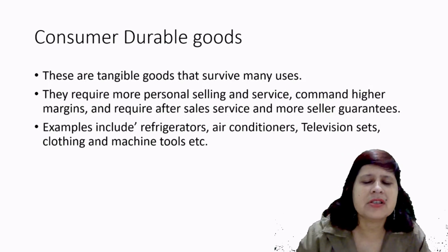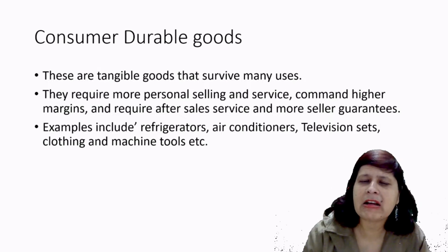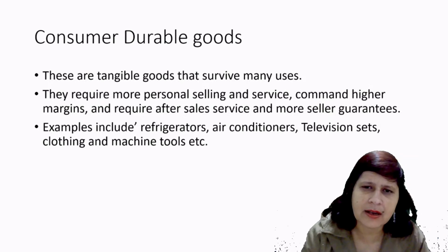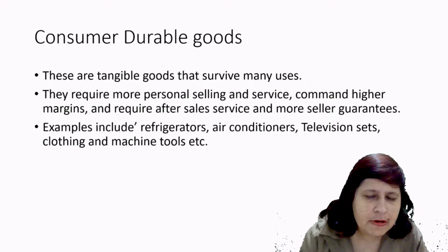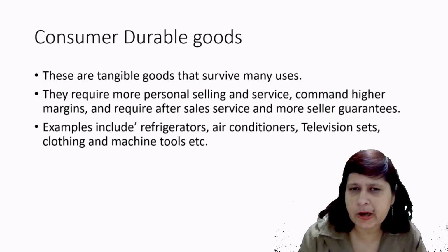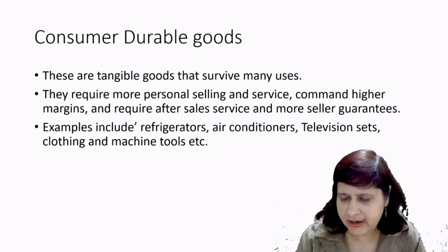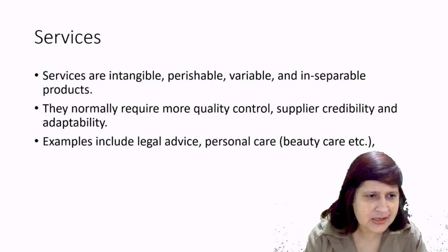All these efforts are required, so it requires more personal selling rather than advertisements, right? After-sales services are very important in durable goods, and seller guarantees and warranties are very important, right? Next is services.